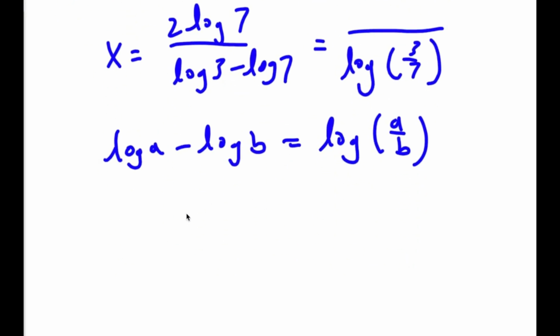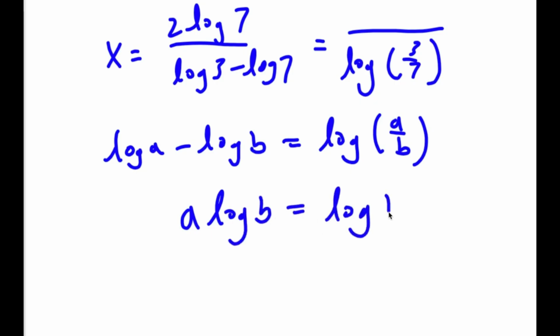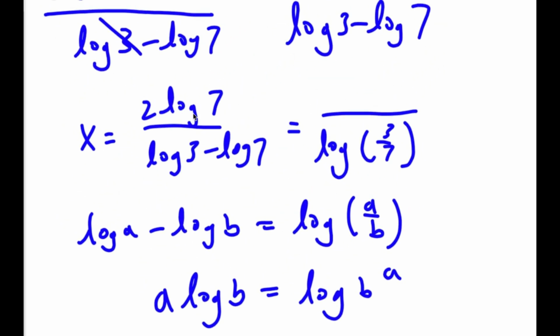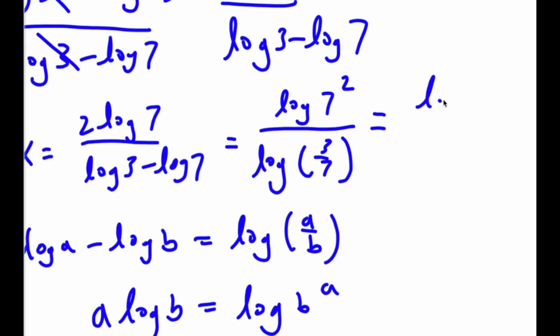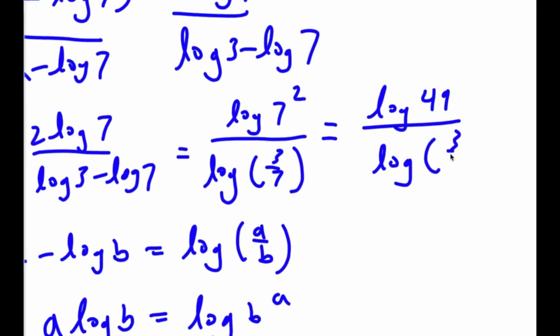And if I have something in the form a times log b, this is the same thing as log b to the power of a, because remember, we can actually move this exponent to the front. So 2 times log 7, this would equal log 7 squared, which is equal to log 49. So now I have log 49 over log 3 over 7.